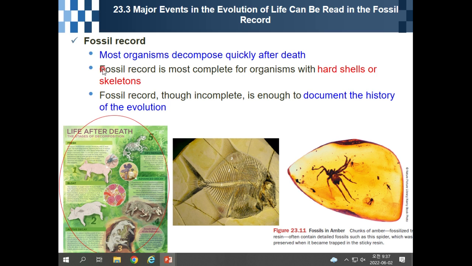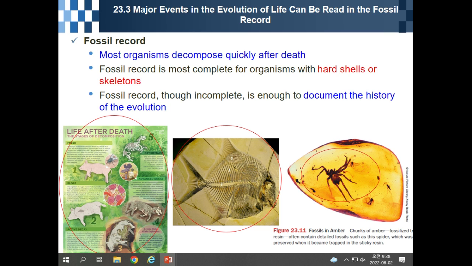The fossil record is more complete for organisms with a hard shell or skeleton like this. The fossil record, though incomplete, is enough to document the history of evolution because of our technology.